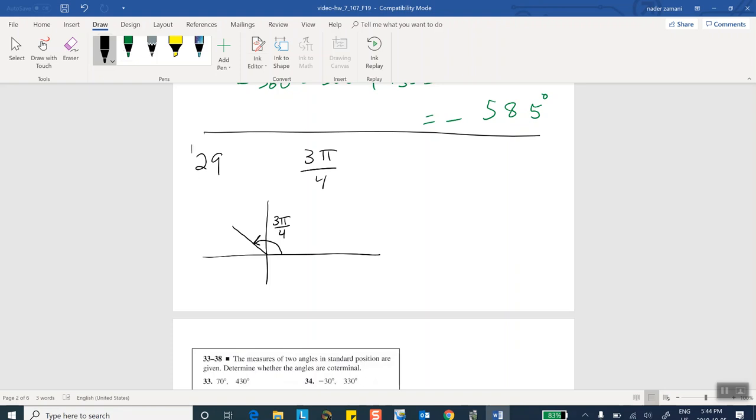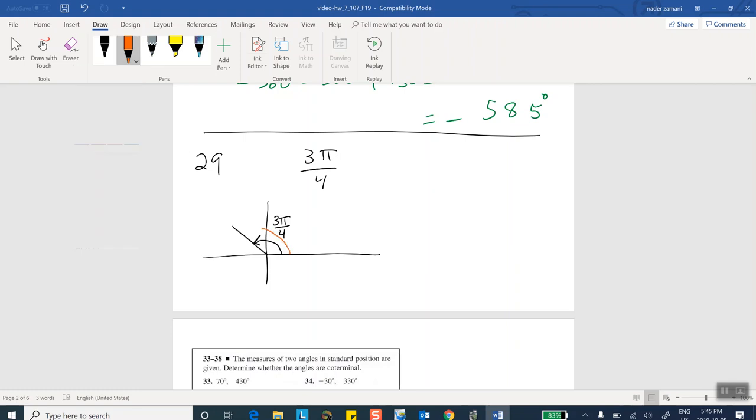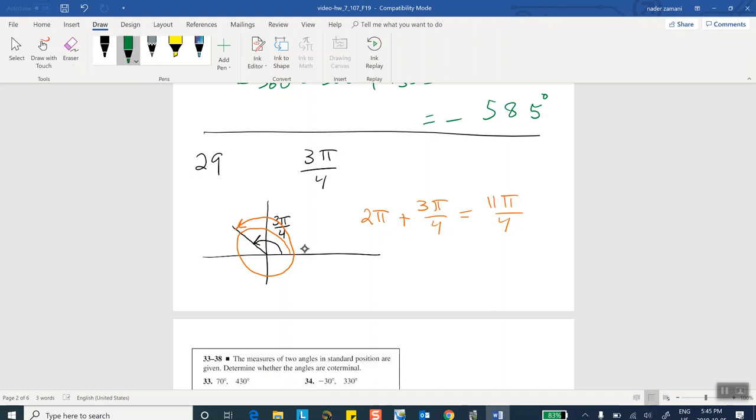So if I want to do the positive ones, so I go one cycle, and then 3 pi over 4 added to it. So 2 pi plus 3 pi over 4, and that is 11 pi over 4. That's the first answer, first positive coterminal angle. And then for the second one, I do exactly the same thing except that I go twice.